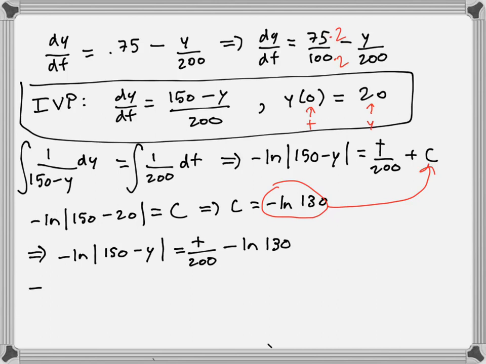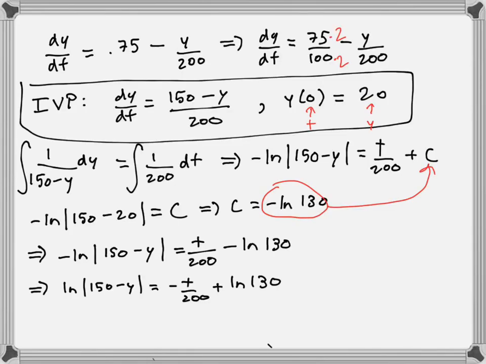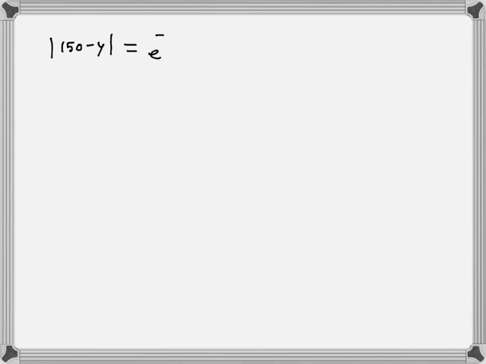Half an hour. So I'm going to multiply both sides by negative 1. I get ln of the absolute value of 150 minus y is equal to negative t over 200 plus the natural log of 130. From here, I raise e to the power of both sides, and I end up with the absolute value of 150 minus y is equal to, if I raise the right side to e, e to the negative t over 200 plus ln of 130.